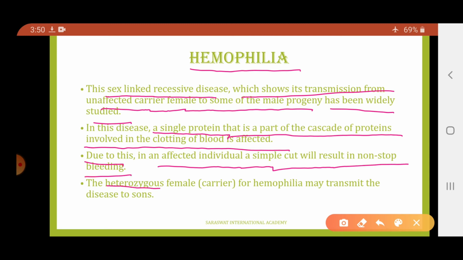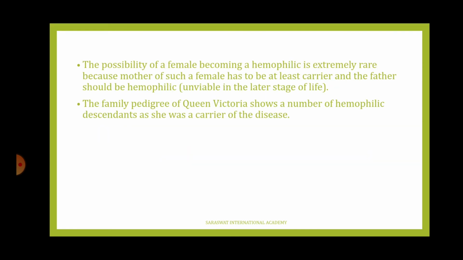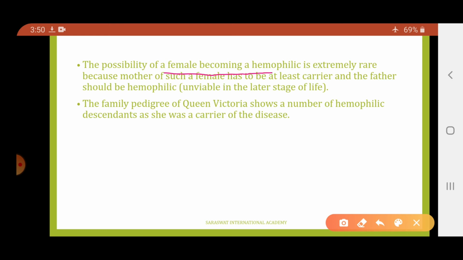The heterozygous female, that is the carrier, may transmit the disease to her sons. The possibility of a female becoming hemophilic is extremely rare, and if it happens, it is very dangerous, because in the recessive condition, that is both genes recessive, these are lethal genes and the individual dies immediately.